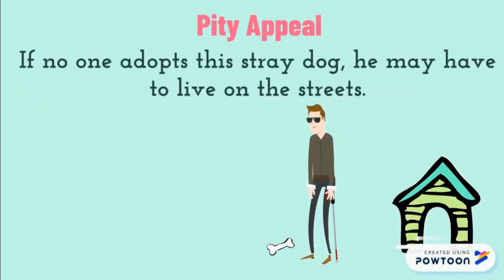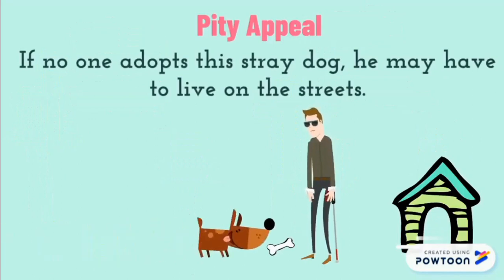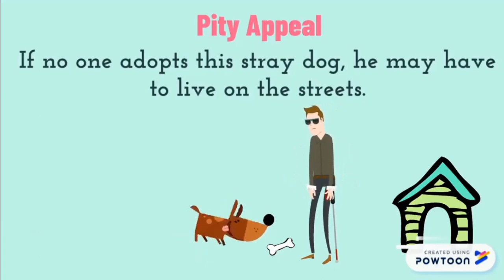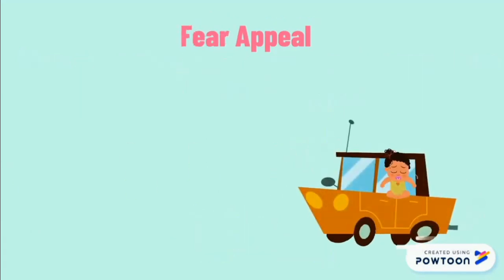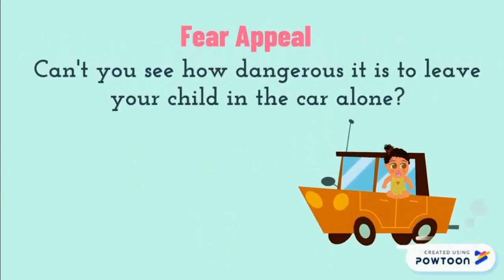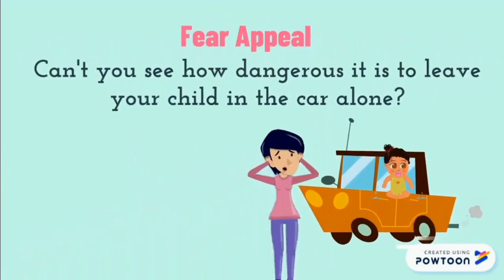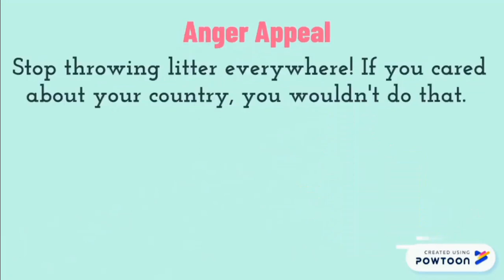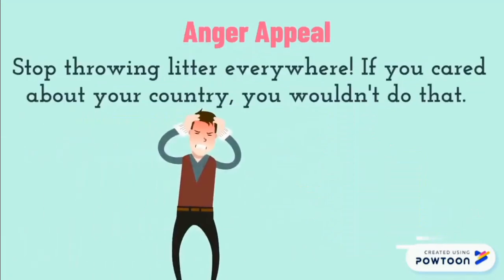To appeal to animal lovers, the writer may use pity to evoke compassion to convince the audience to adopt a dog. The fear of danger to life, health, or property may convince you not to leave a child in the car. Anger appeal can make the audience want to take action, such as cleaning up the environment.